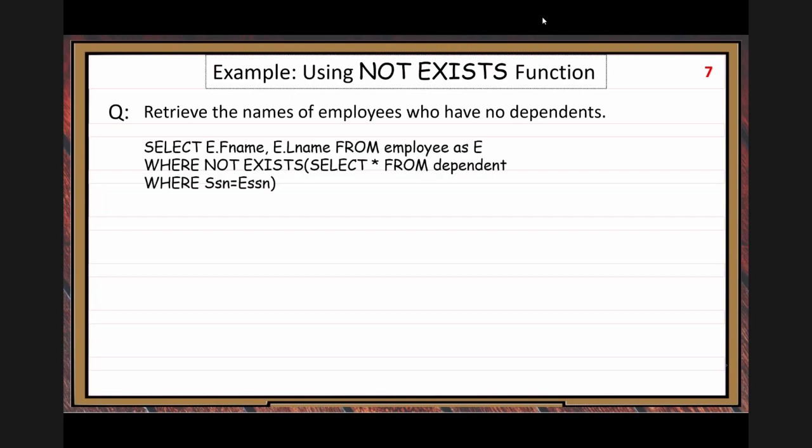So this time, select that employee, then inner query, because no dependent. That means if we do the query to get all the dependents from a selected employee, it should be empty, not exists. So we write in this version. Okay? All right.